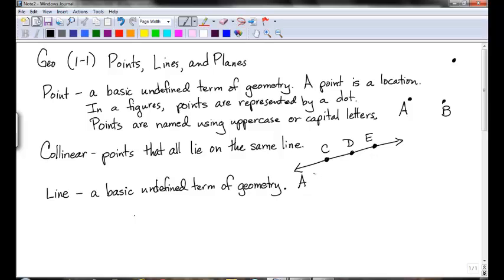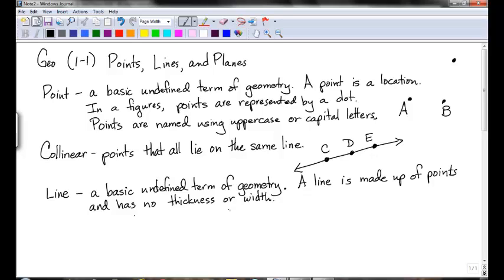A line is made up of points and has no thickness or width.